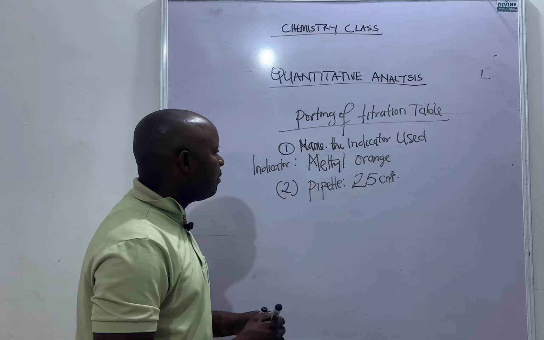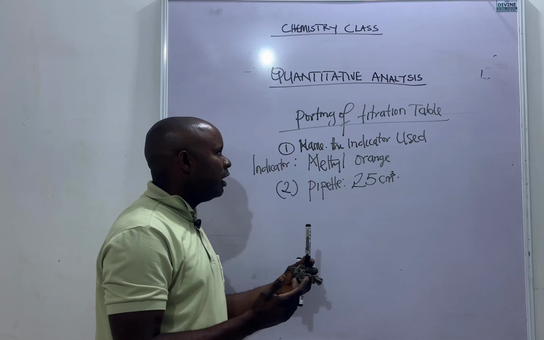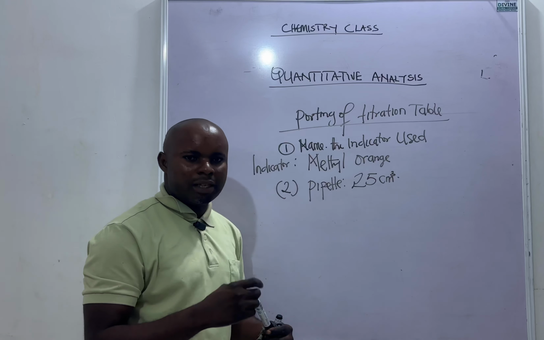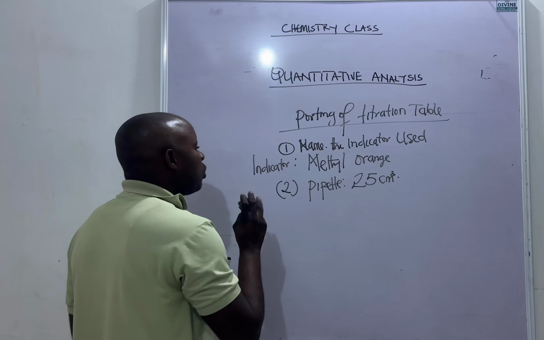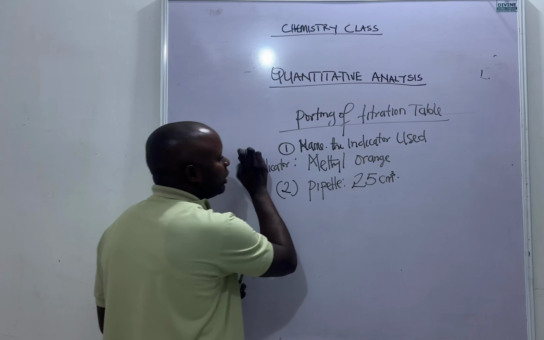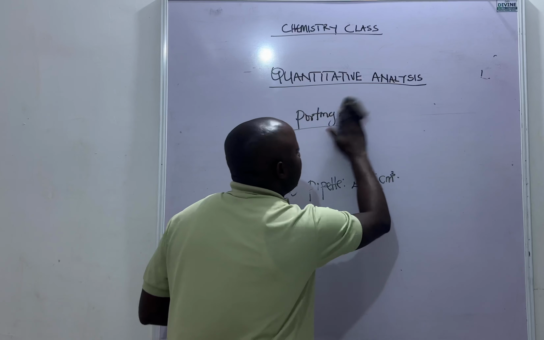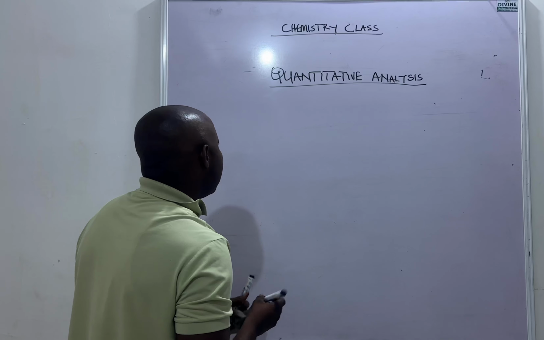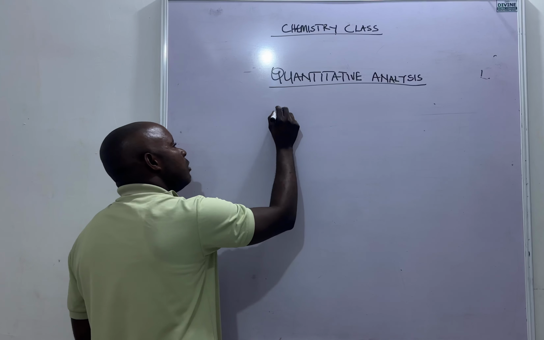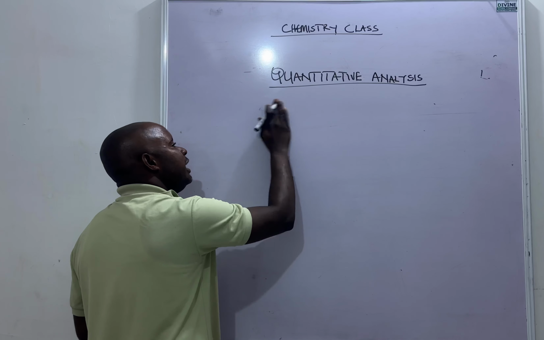So how do we put this titration table? It's very important, and it's very simple as well. Let's have a typical titration table. As I've said before, the first step is to tell the indicator used.